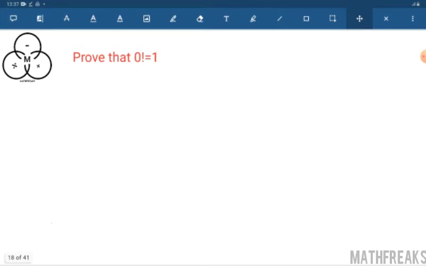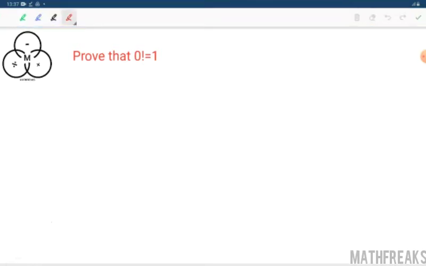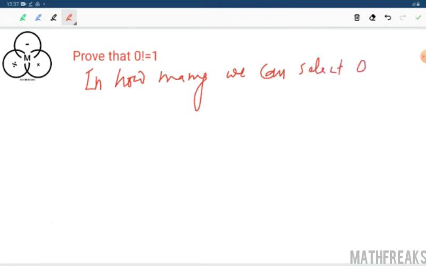Proving 0 factorial equals 1. That's just a basic theory. In how many ways can we select 0 things from n things?